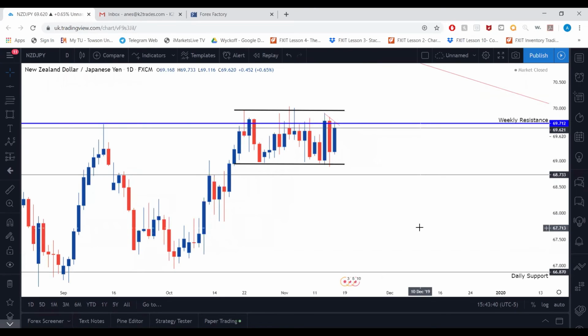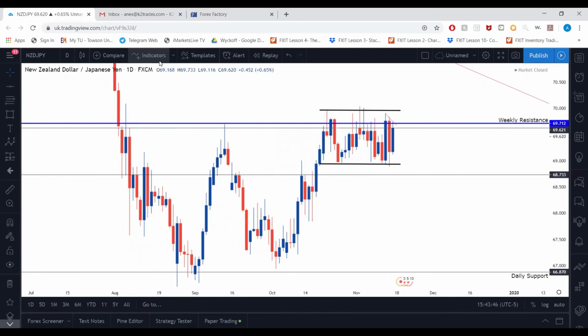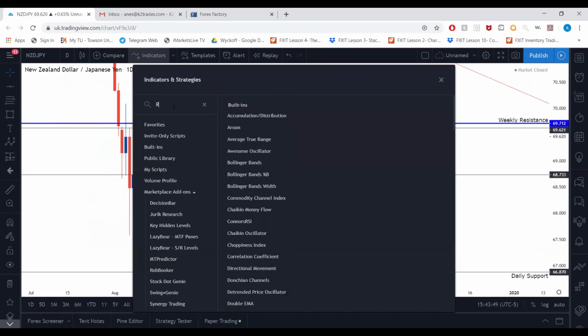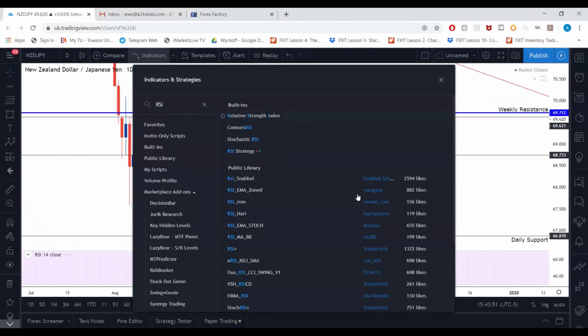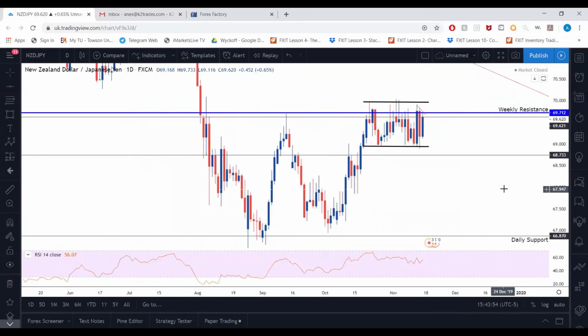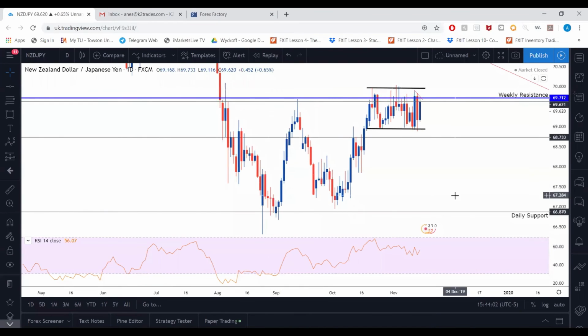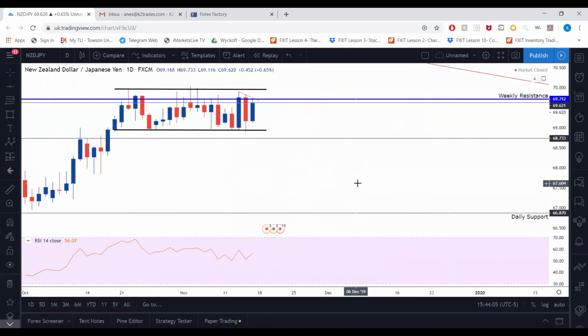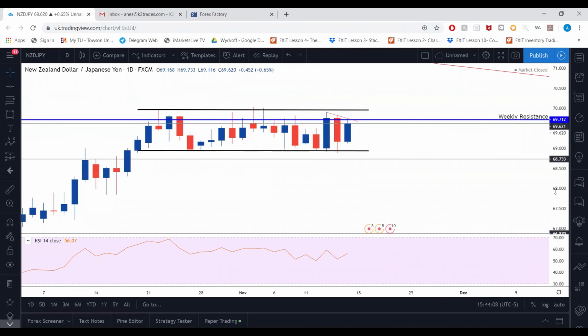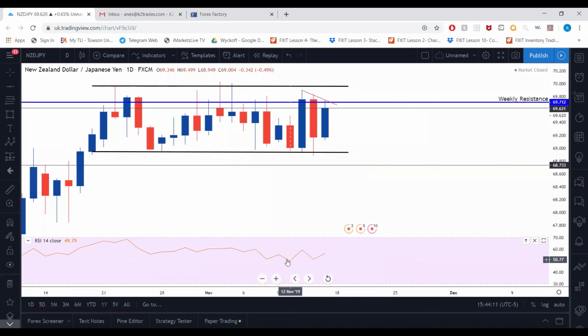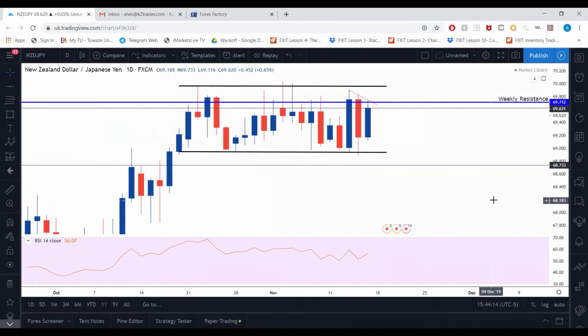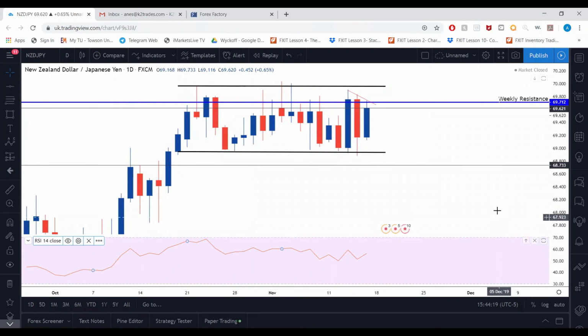He said I favor the short because the RSI has the divergence. Divergence on what time frame? Daily. Maybe short term, he's right. I mean, there is a possibility to go down.